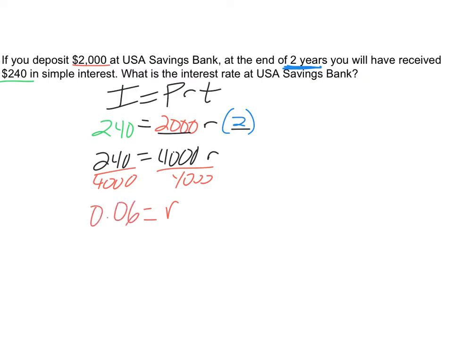Now that's as a decimal, so we have to turn that into a percent. So we move the decimal to the right 2 spots, making it a 6% interest rate.